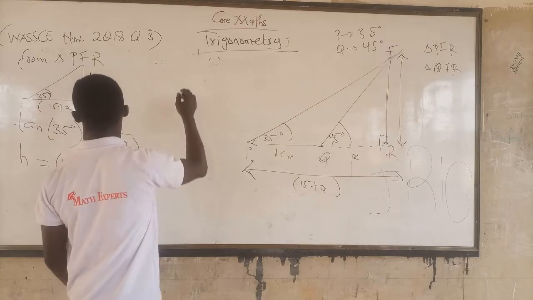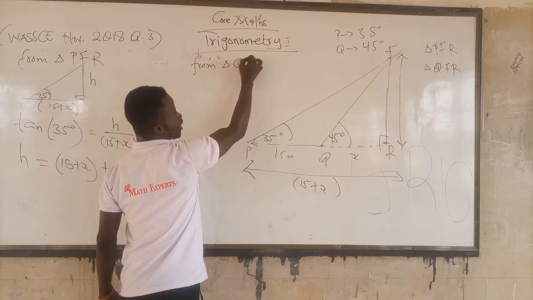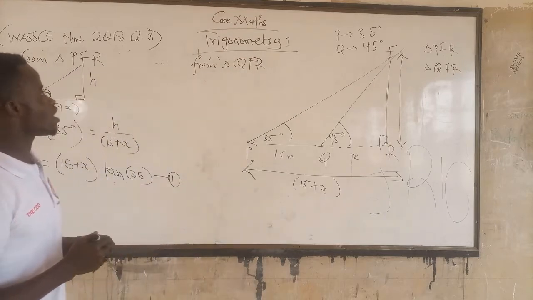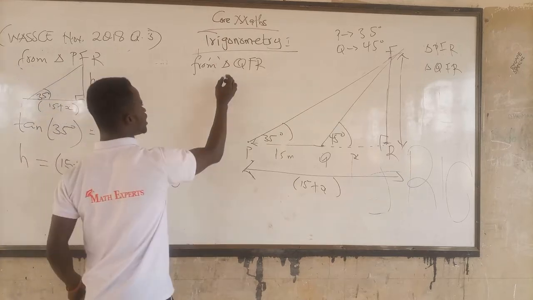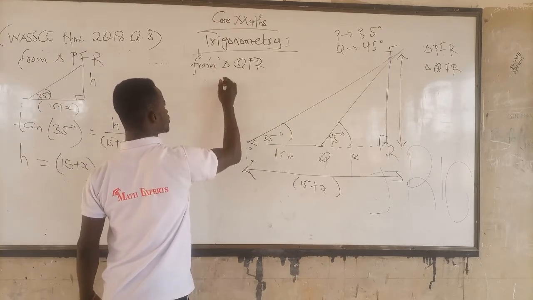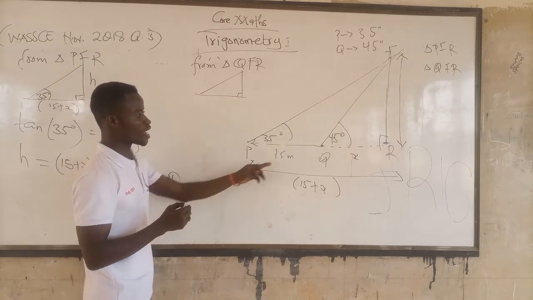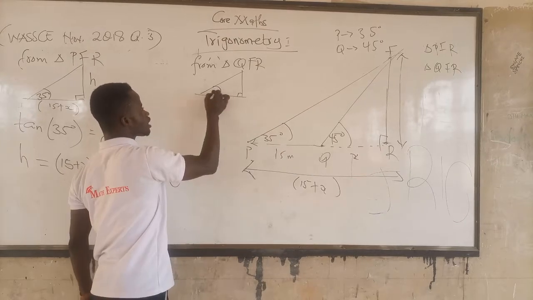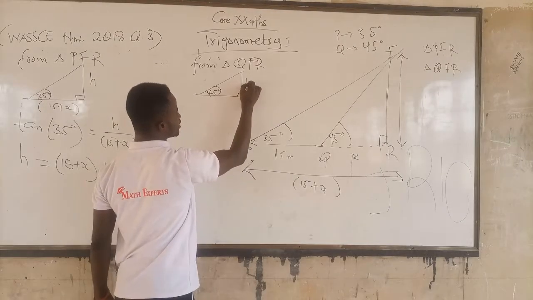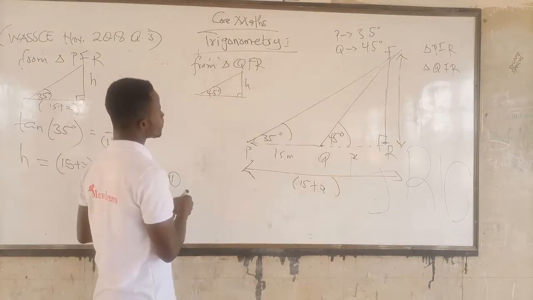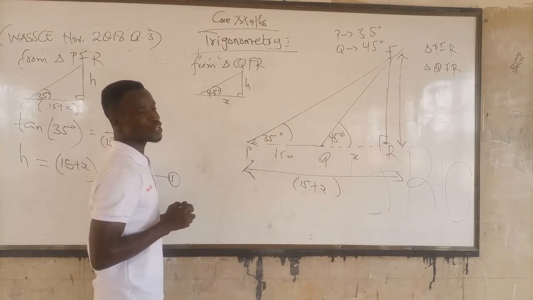Alright, it's just simple. Then we consider triangle QFR. That one too, we are considering the smaller triangle. The angle there is 45 degrees, and the height is the same as H, but the foot or the adjacent is X. I hope you are following.